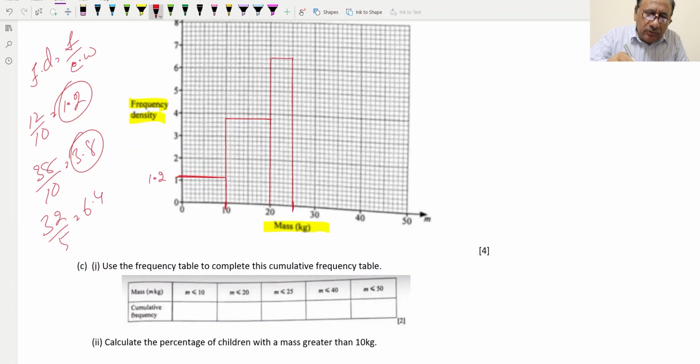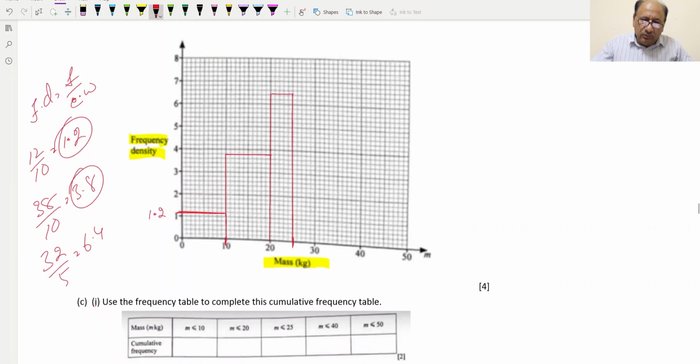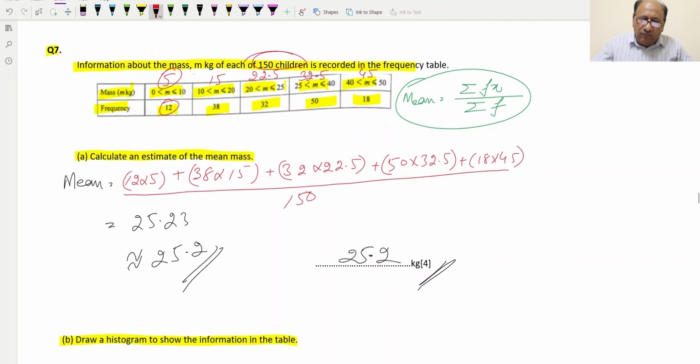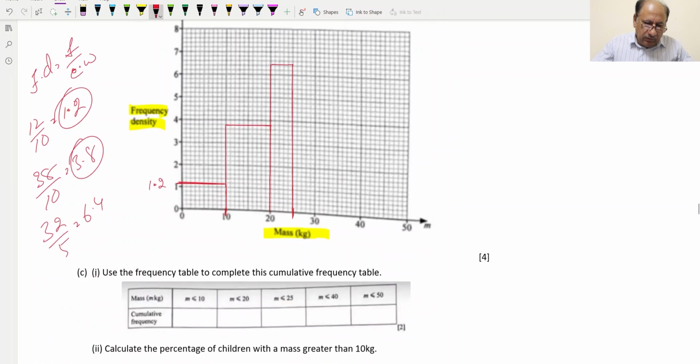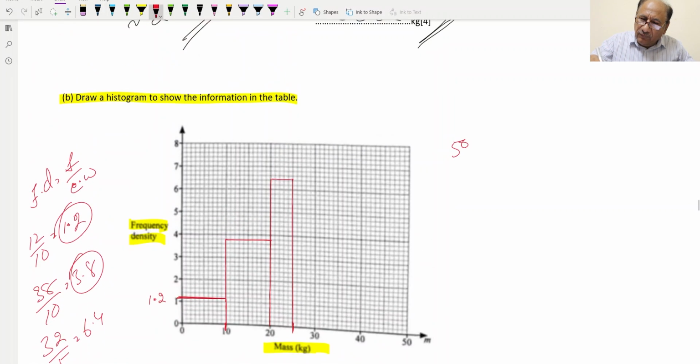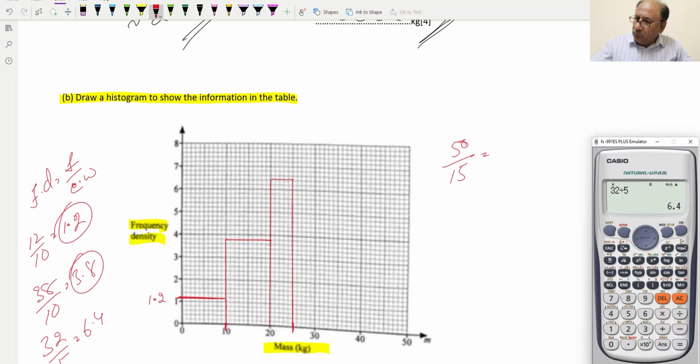Next is 40 minus 25, which will be 15. So 50 divided by 15 we can calculate here, and 50 divided by 15 is equal to 3.3 recurring.